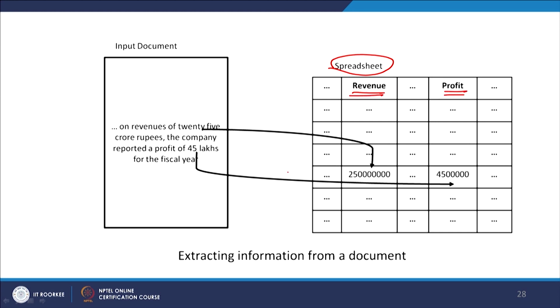This document might be associated with this row, and the question is whether we can extract the revenue number and the profit number. You can see the revenue number is written in words, 25 crore rupees, a different format, and the profit number is in numerics. Can we extract this information and fill our spreadsheet? This task is about extracting the information in this fashion and filling our database.